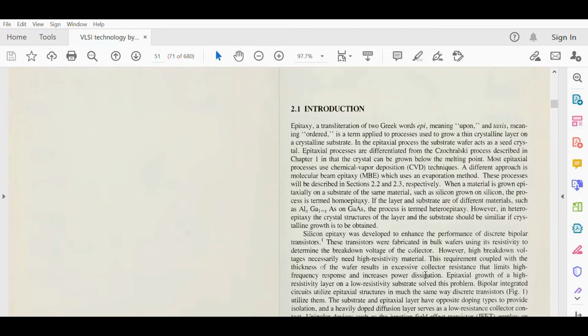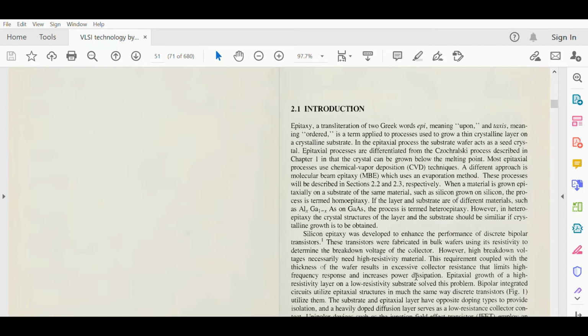So what it is suggesting: if I am interested in high breakdown voltage, I need to increase the resistivity. But while increasing the resistivity, the consequence is that it will limit the frequency response, and also it will increase the power dissipation.